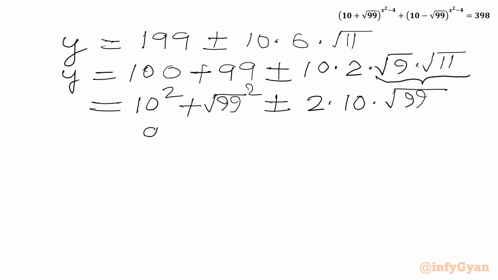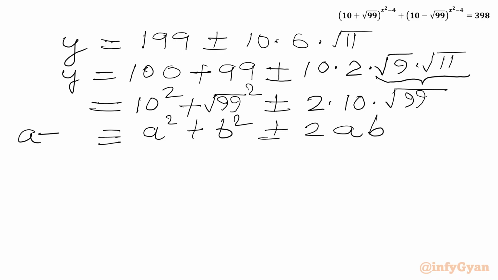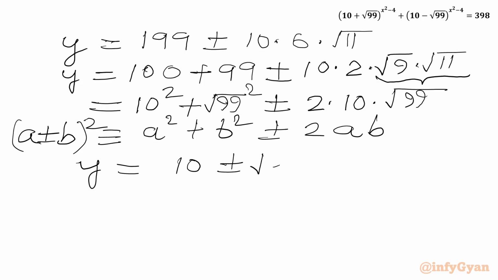So if I will write here a square plus b square plus minus 2ab, then in this place we can write a plus minus b whole square. So I can write y will be equal to 10 plus minus square root of 99 whole square. Now this is our y.